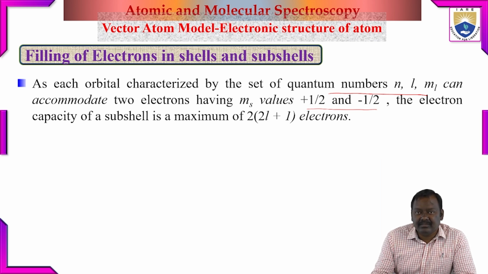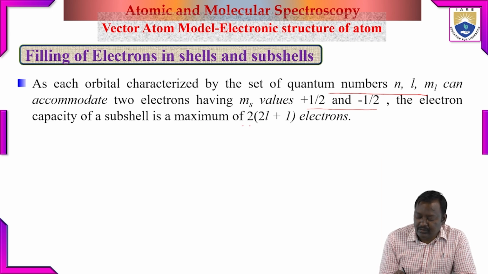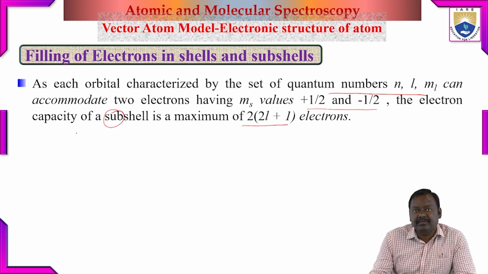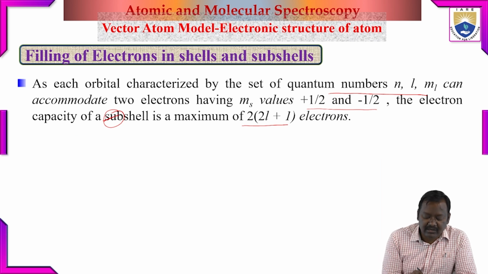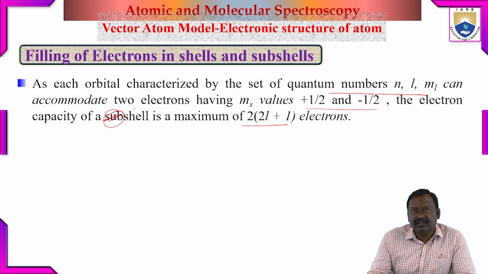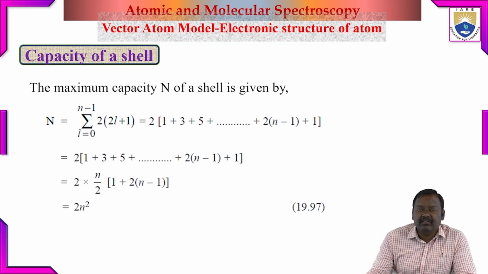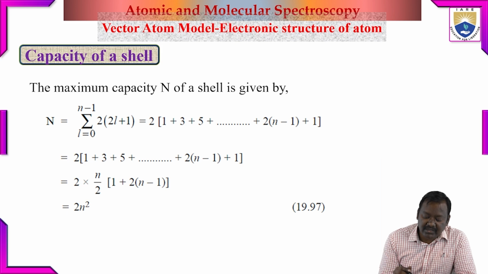We can fill a maximum of 2 into 2l plus 1 electrons, not in the shell but in the subshell. So that we can find the capacity of a shell.